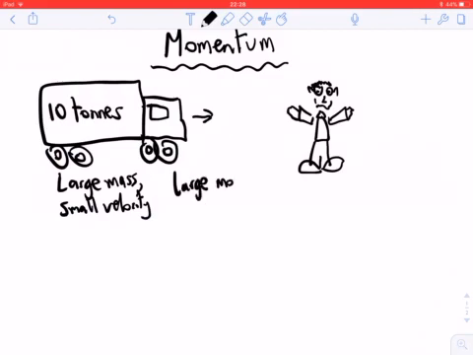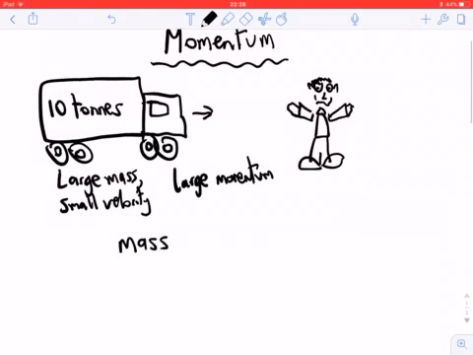So you can see from our little examples that there are two ways, if you like, of building up momentum. You can build it up by having a big mass, even though you've got a small velocity, or you could have a big velocity even with a small mass. And if we multiply those two together, then we get a measure of momentum.